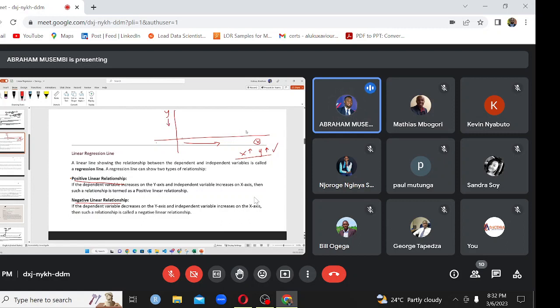Let me do a good example. We have this, this, this. I want to do the equation of the line of best fit. Let me first of all just draw it. We can say this is the line of best fit.